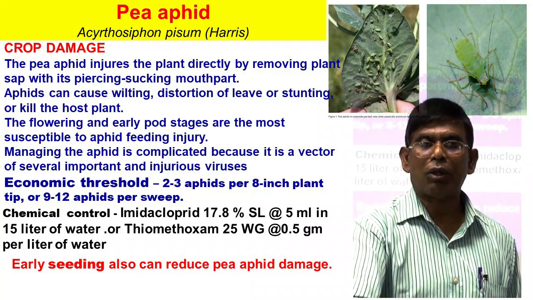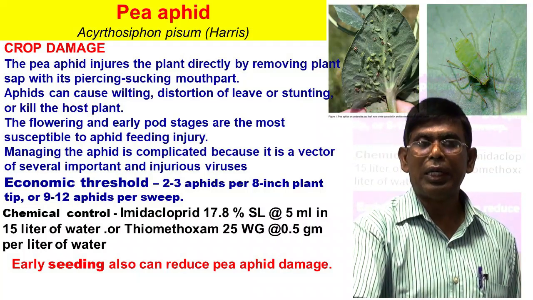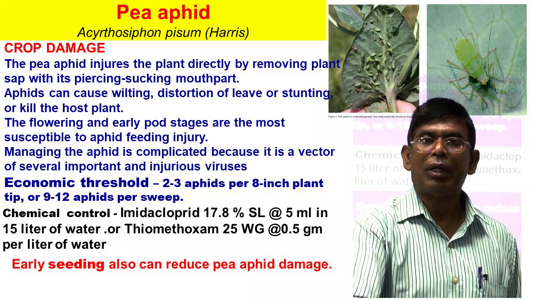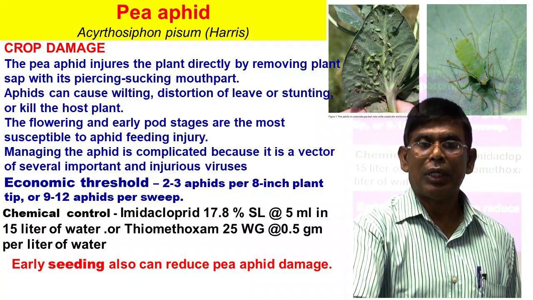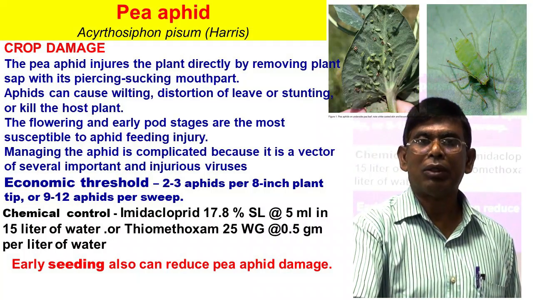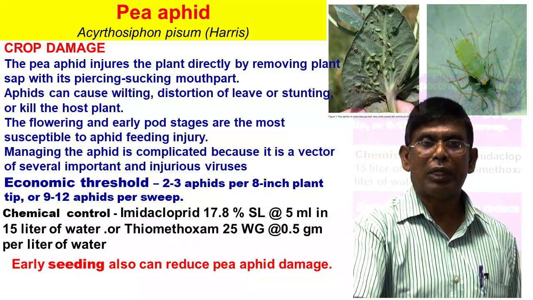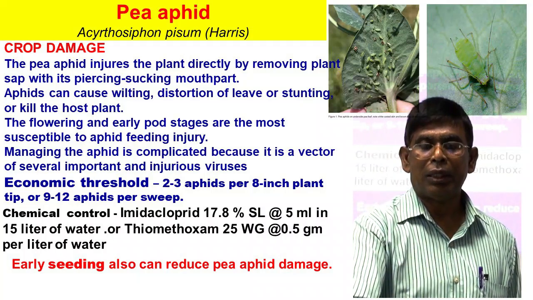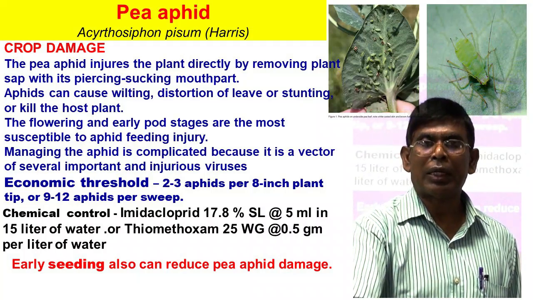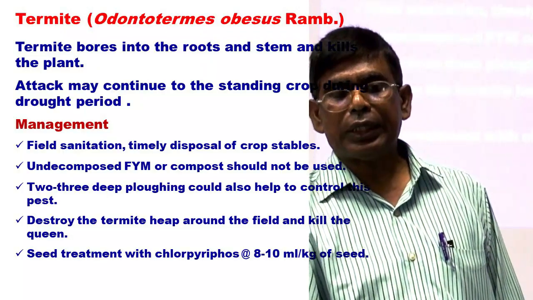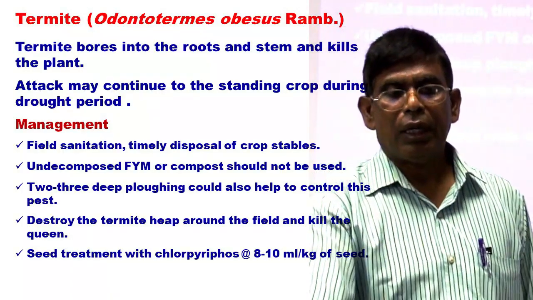If you sow the crop a little bit earlier, then it can escape the aphid attack, because the attack depends on the temperature. That means if you sow the crop a little bit earlier, then the attack can be minimized.